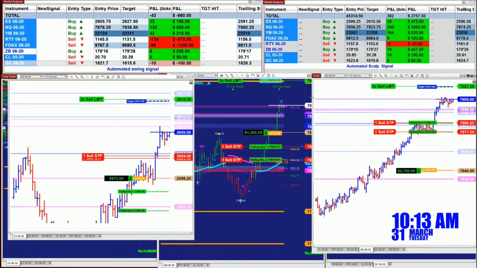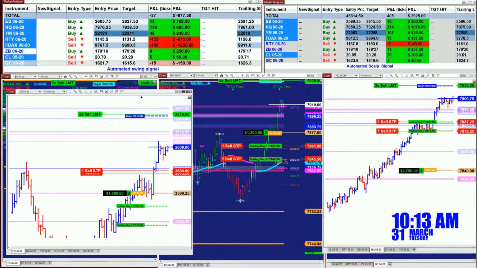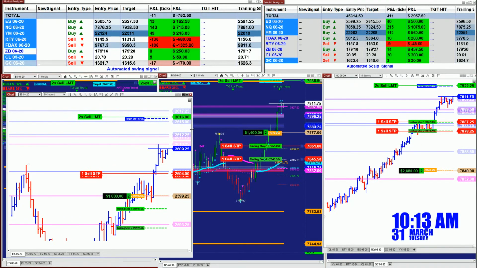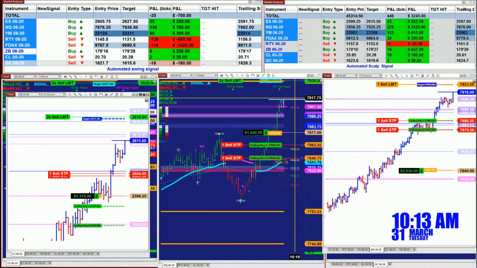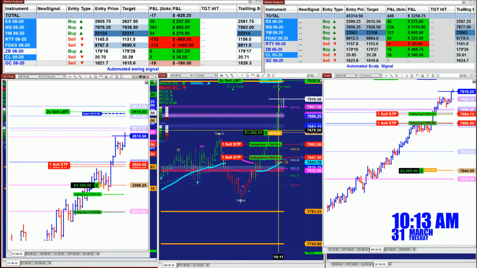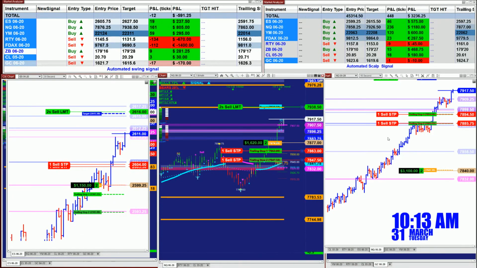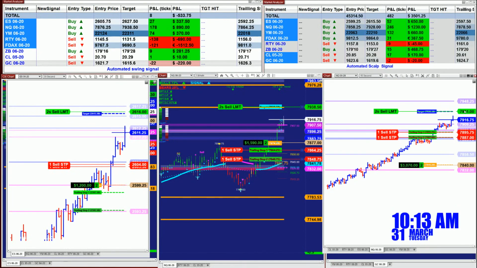If we look at the 1 minute, well, it seems like the system has extended the target now. We are on the scalper over 3,000 on that one.